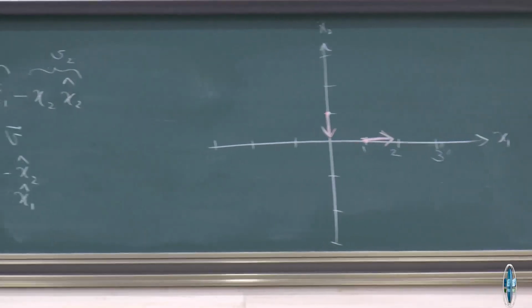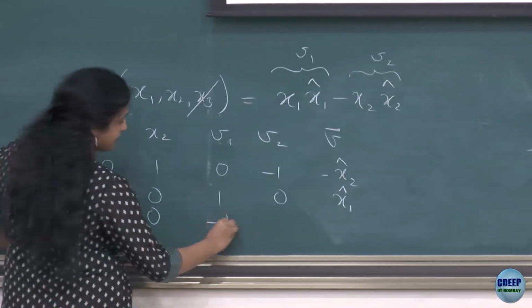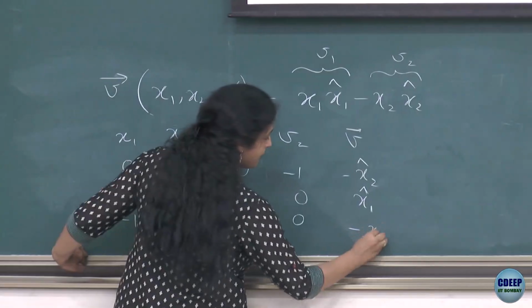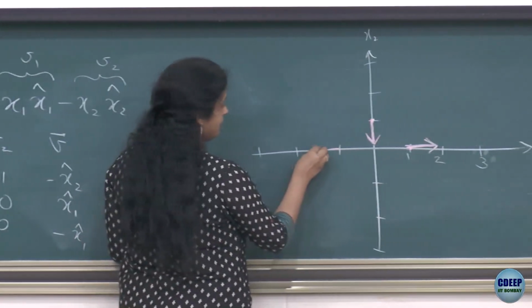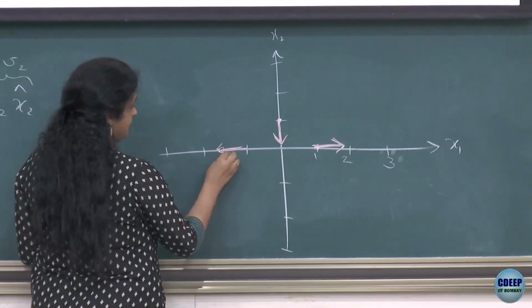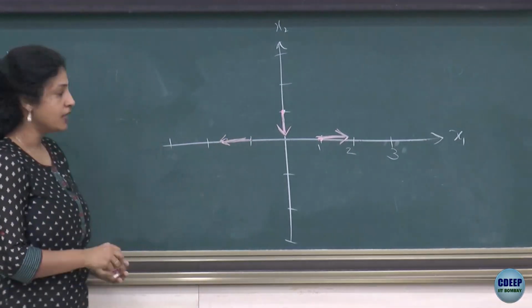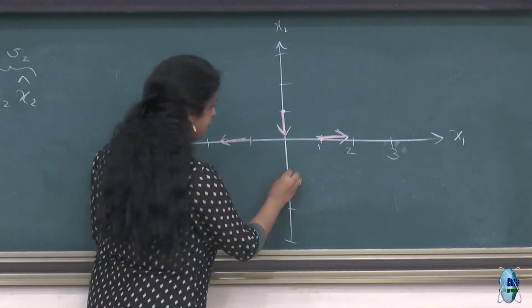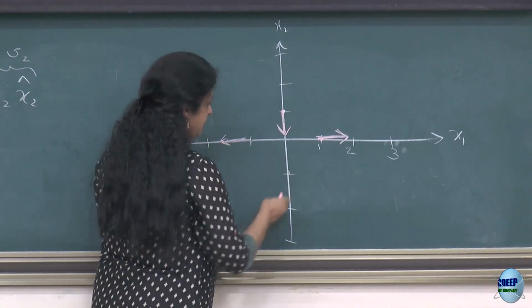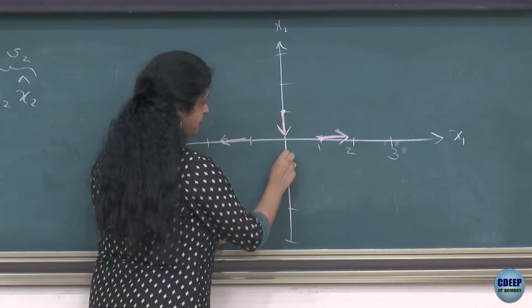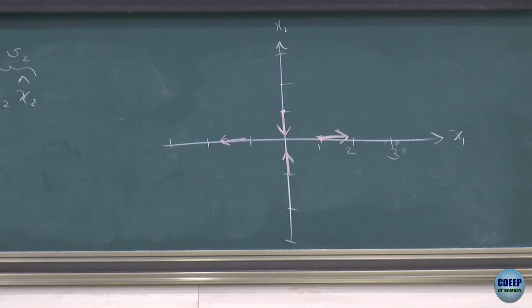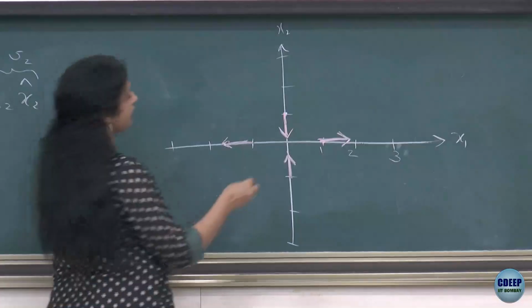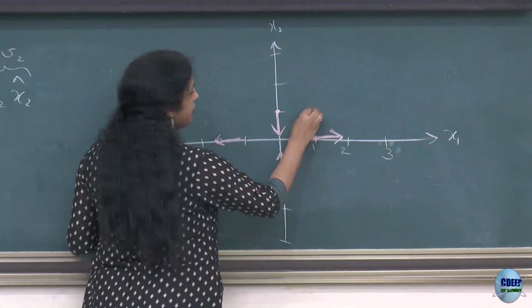So let's say if this was minus 1, 0, then this would be minus x1 hat. So velocity here would be this, and then work it further. Here you will get velocity here and so on and so forth. And you can build this entire space. So we could also take a point here.